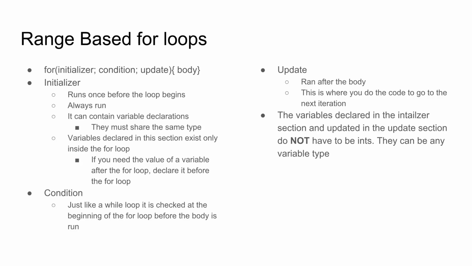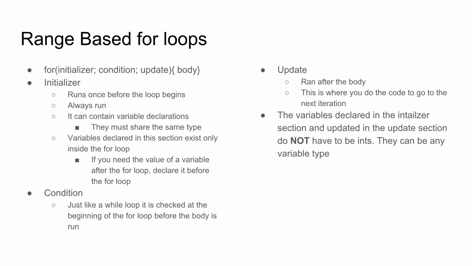Just a little bit more details on what happens here. The for loop is broken down into 4 sections: the initializer portion, the condition, the update, and the body. In the for loop, the initializer, the condition, and the update are separated by semicolons. The initializer portion is always going to be run regardless of the condition, and it gets run before everything else. It's only run that single time, and this is normally where you're going to set up your variables if you have any.